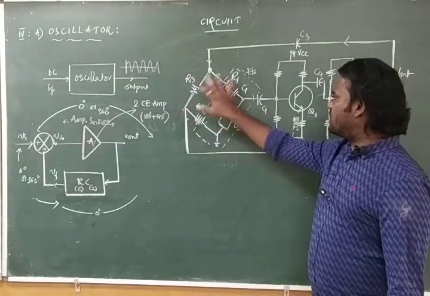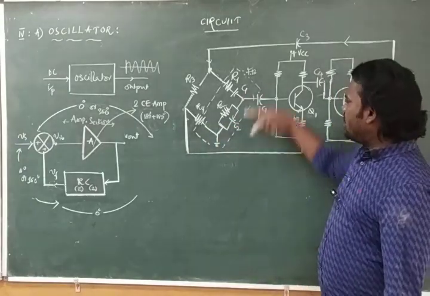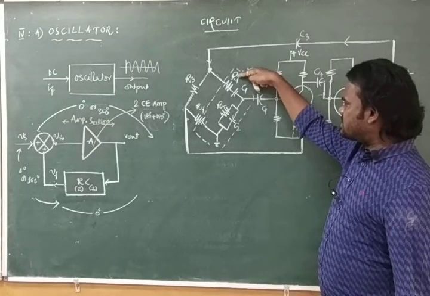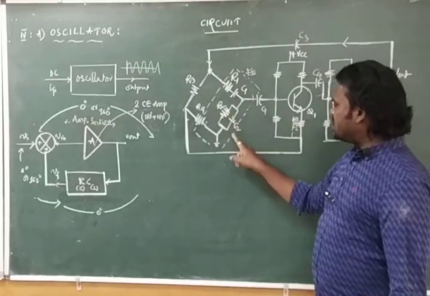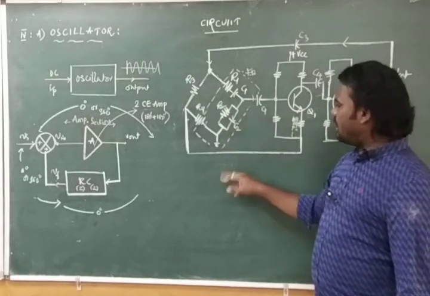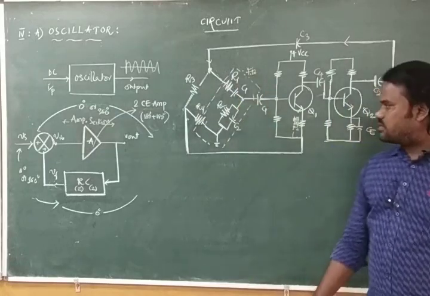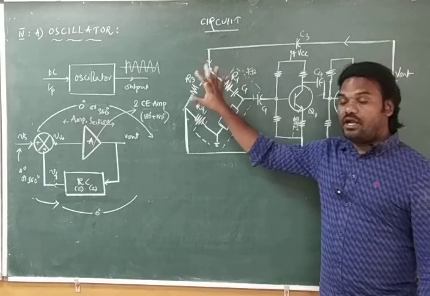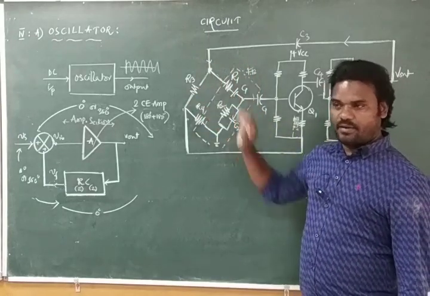It is designed with 4 resistors and 2 capacitors, in which the first resistor and first capacitor are connected in series, the second resistor and second capacitor are connected in parallel, and the remaining 2 are connected in parallel to the remaining circuit. What type of feedback is it? Positive feedback.